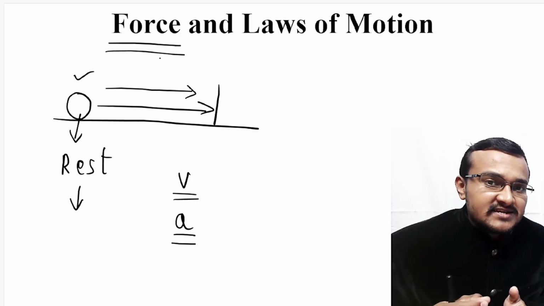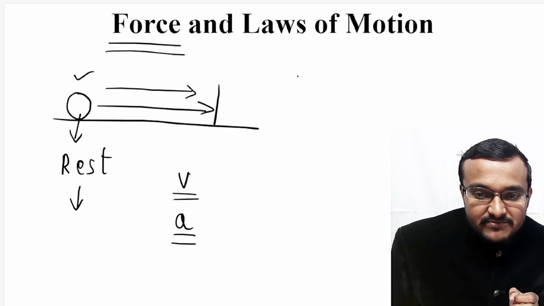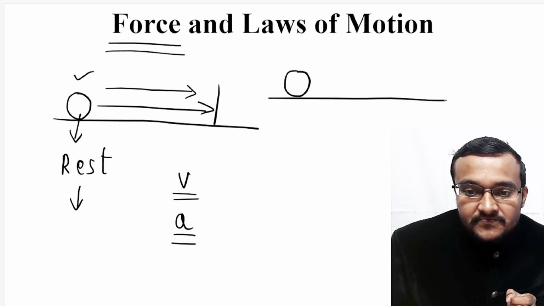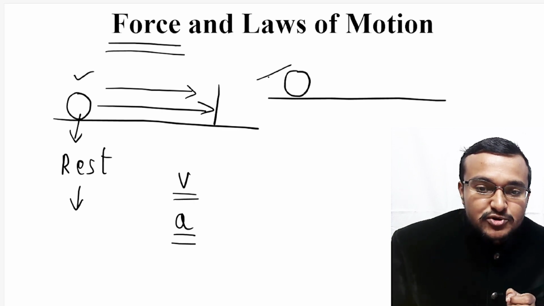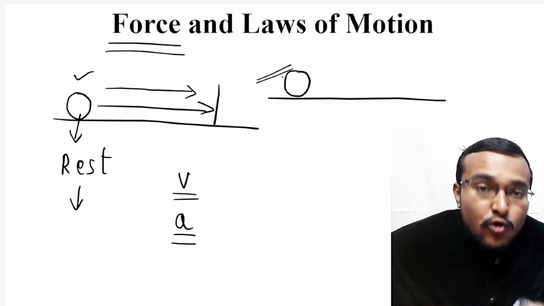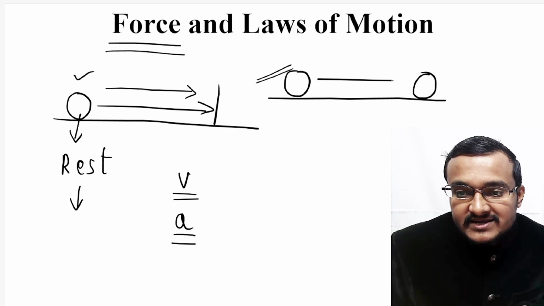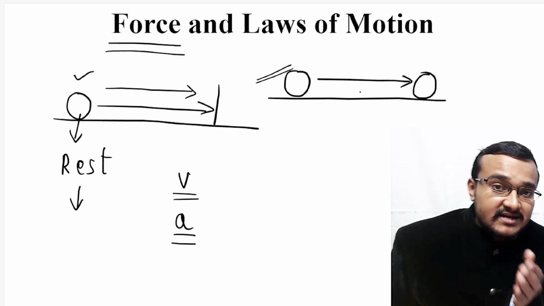Initially people thought that for any object, for example an object on a road, if you give a certain push, that means you are giving a certain amount of force, and the object starts moving. After covering a certain distance, this object might come to rest.